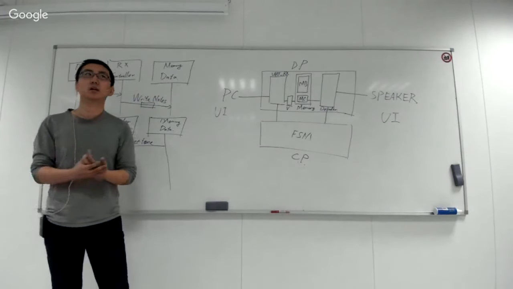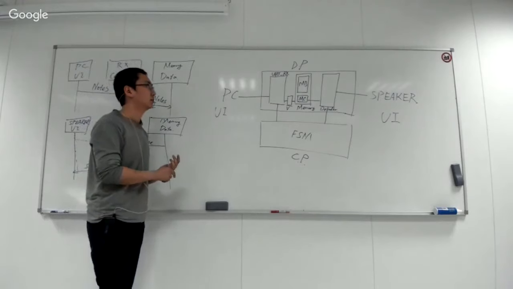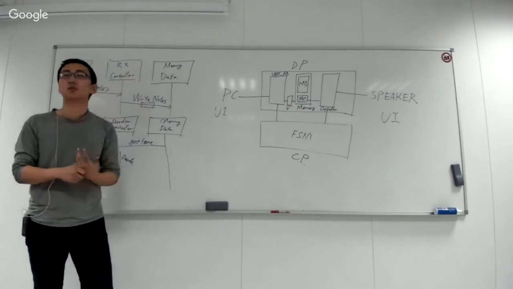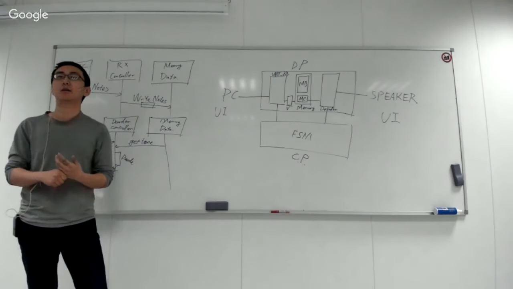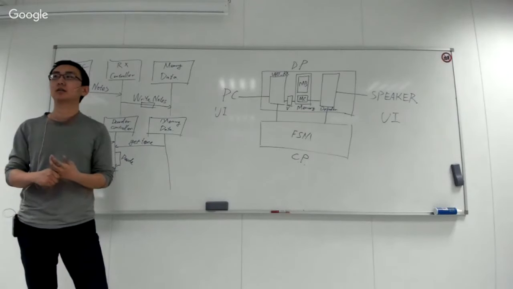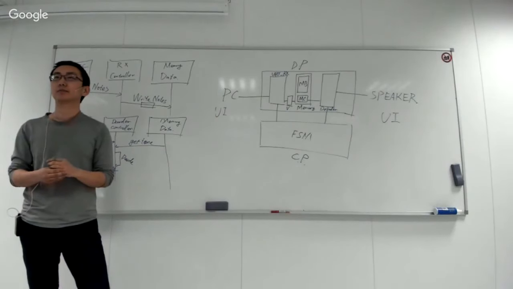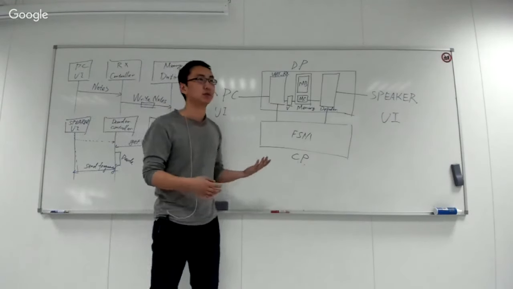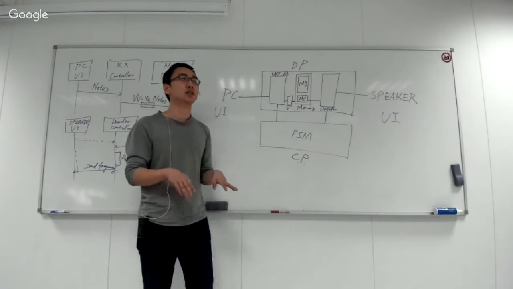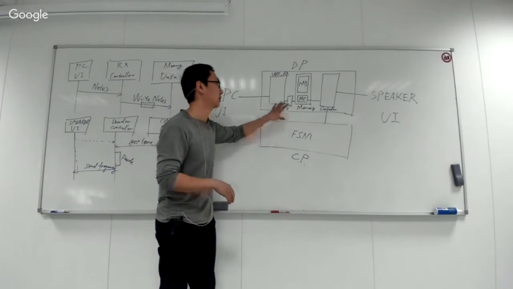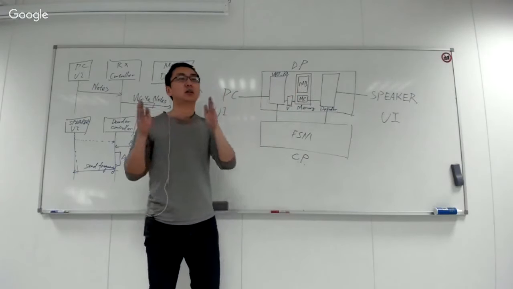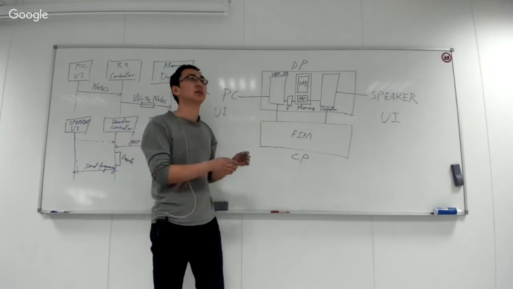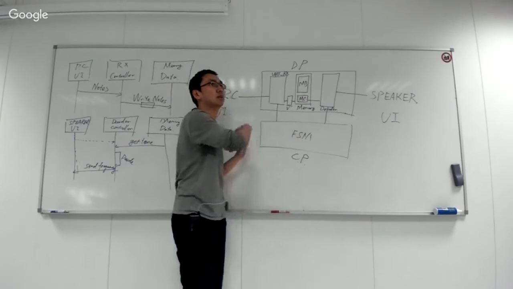Let's say in regards to the resources we have inside of the FPGA. What's the difference between programming VHDL in several segments and programming it within one whole segment?